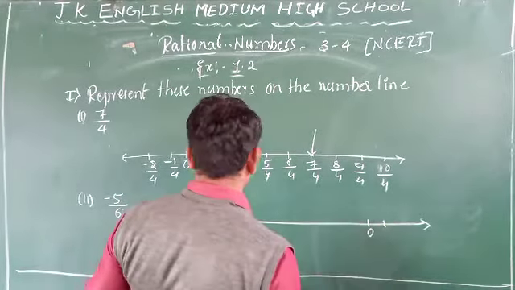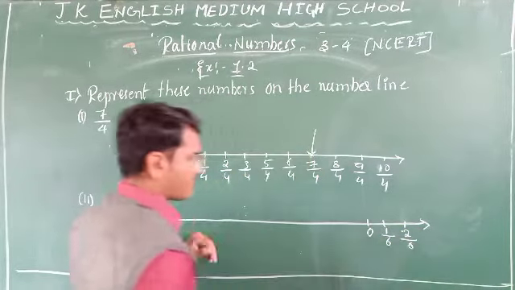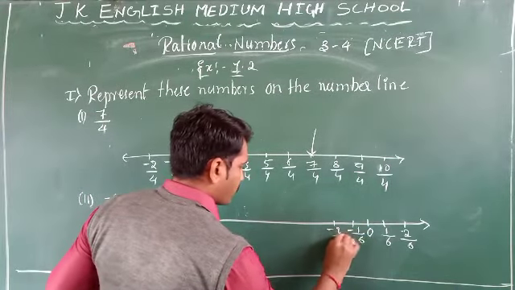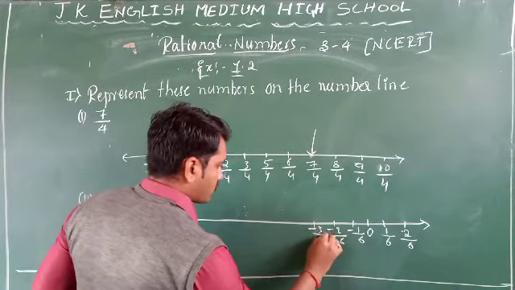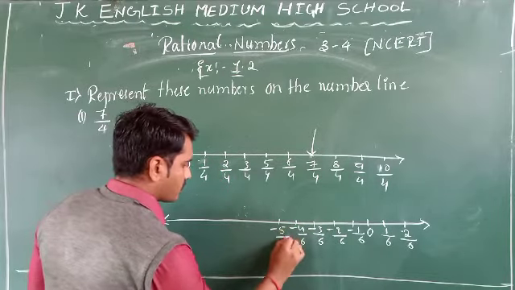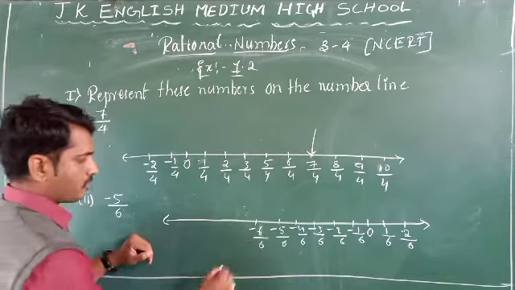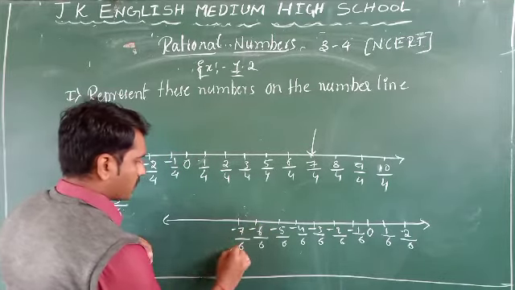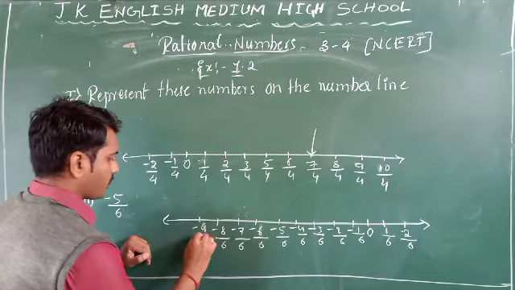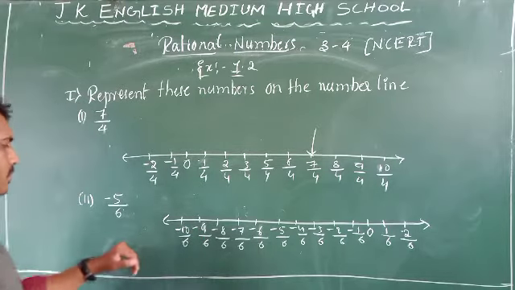The denominator is 6: 1 by 6, 2 by 6 on this side. Then minus 1 by 6, minus 2 by 6, minus 3 by 6, minus 4 by 6, minus 5 by 6, minus 6 by 6, minus 7 by 6, minus 8 by 6, minus 9 by 6, minus 10 by 6.